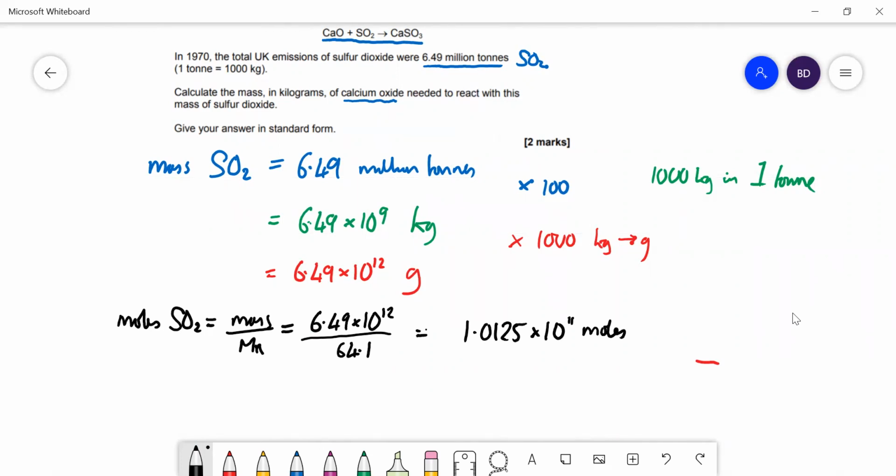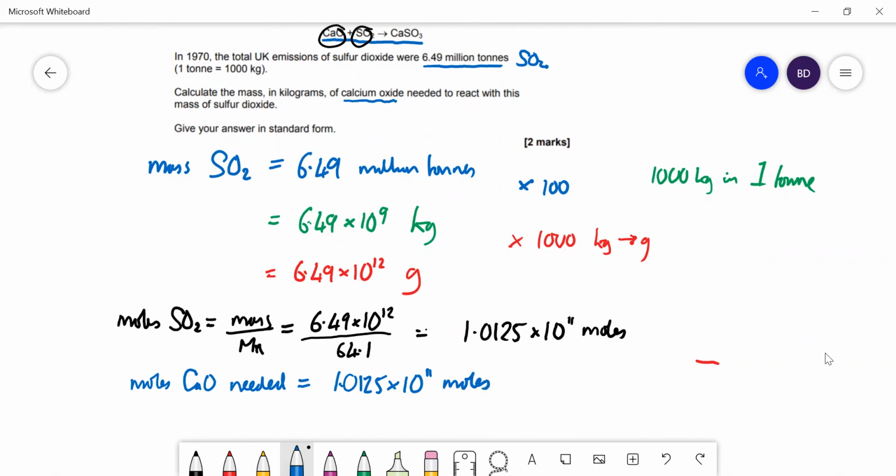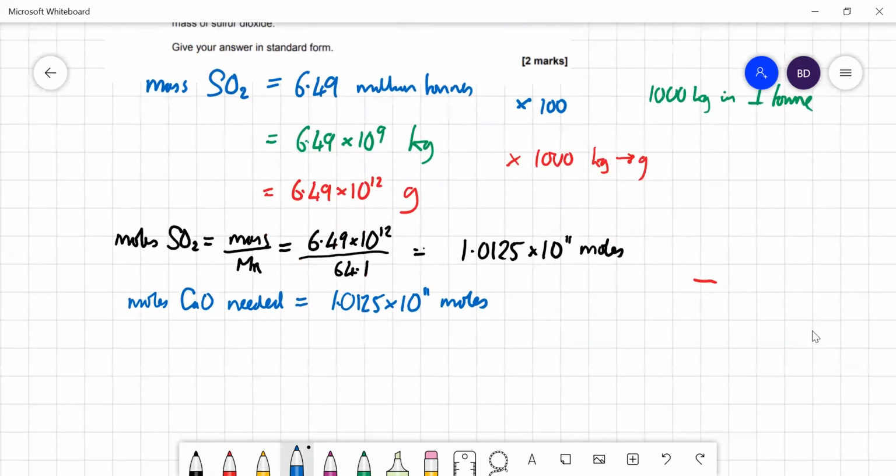Right, now the equation shows us that 1 mole of SO2 needs 1 mole of calcium oxide. So the next little statement to write is moles of calcium oxide needed is equal to the same number. That's 1.0125 times 10 to the 11 moles. We need to work out the mass of calcium oxide in grams.